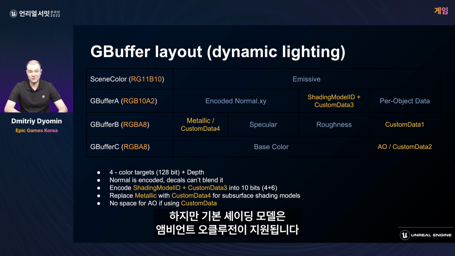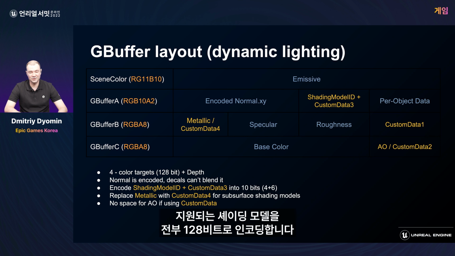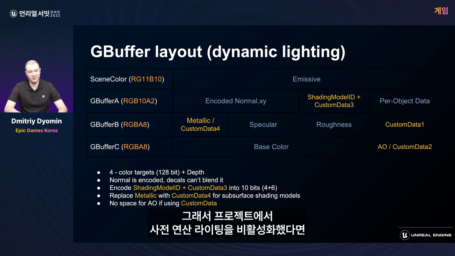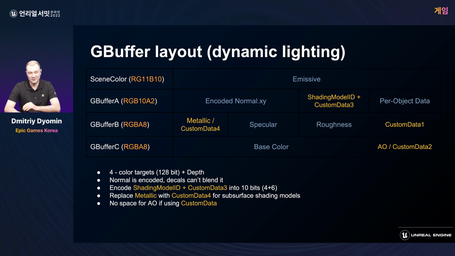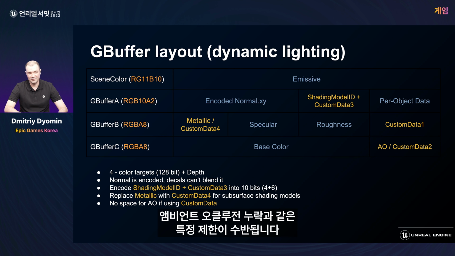But a default shading model is fine, and it will support ambient occlusion. In similar fashion, we encode all supported shading models into 128 bits. So when your project has a pre-computed lighting disabled, deferred shading will work with all supported shading models, and with some certain limitations like missing ambient occlusion.